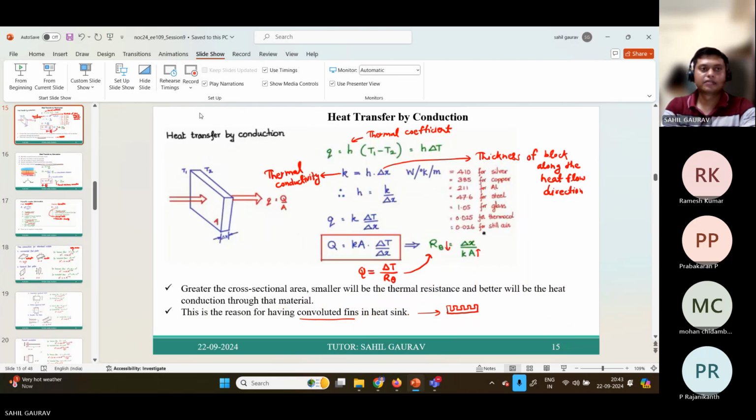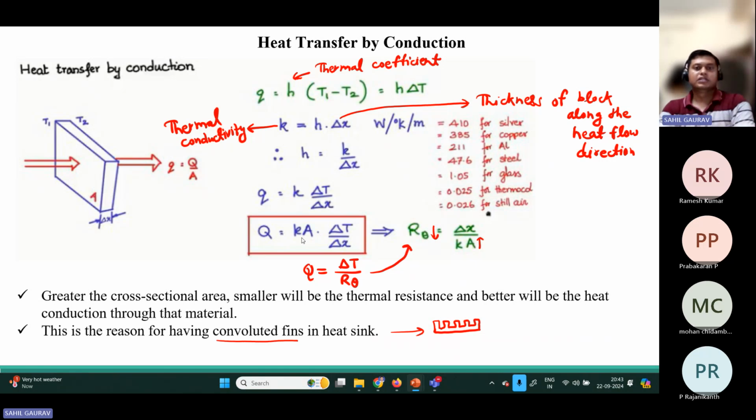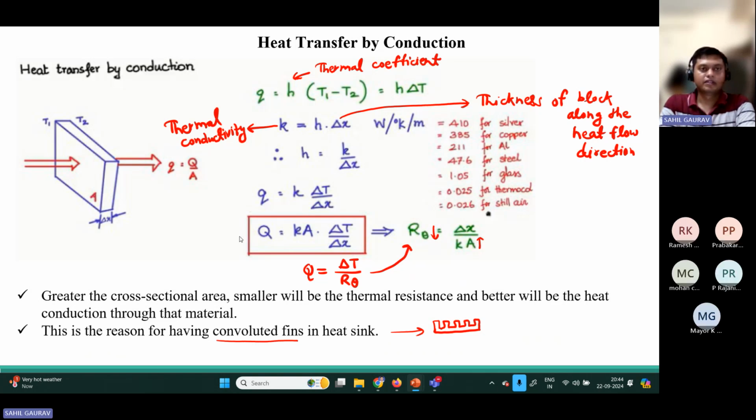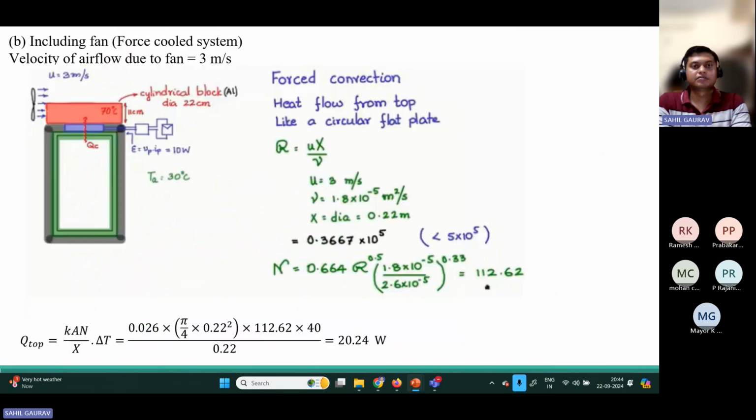So see here, heat transfer by conduction. This area is the amount of area through which this heat transfer happens, and delta X is the thickness of the block along the heat flow direction. So we have to go through this expression. I hope by seeing this slide you are able to understand.